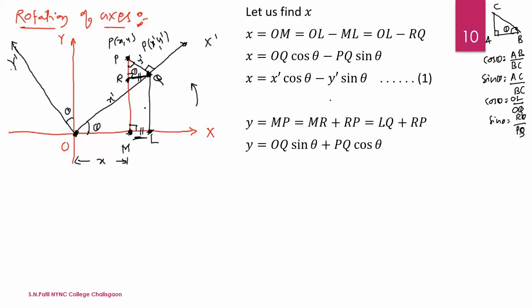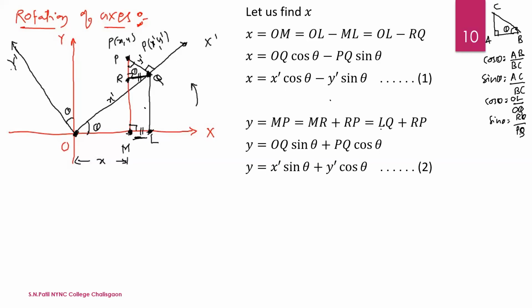So RP is equal to PQ multiplied by cos theta, PQ cos theta. Now see, what is the distance of OQ? The distance of OQ is x dash and the distance of PQ is y dash. So we get the formula x dash sin theta plus y dash cos theta is equal to y.